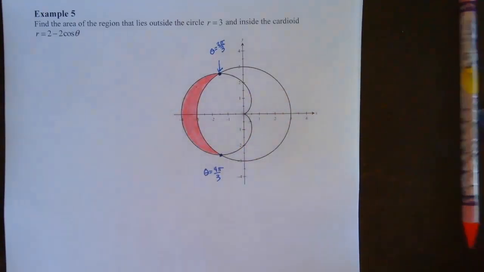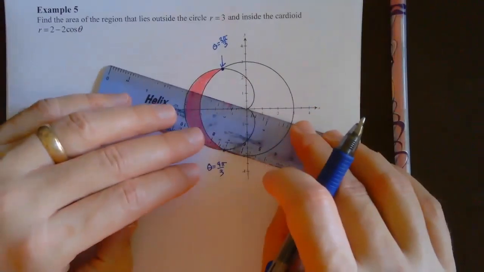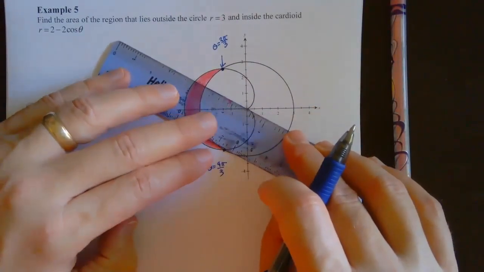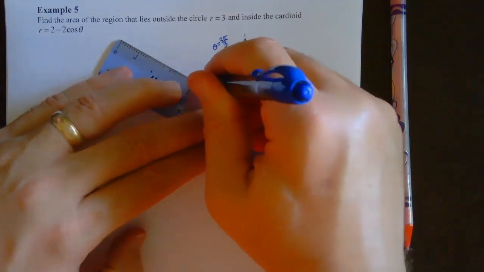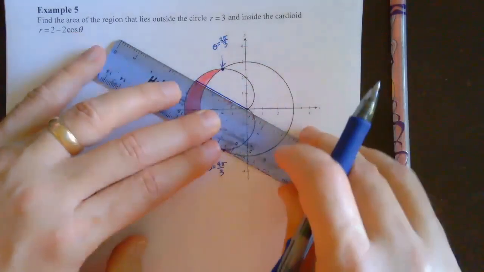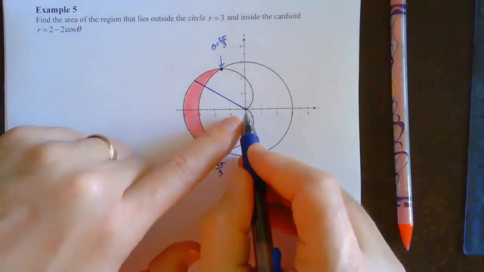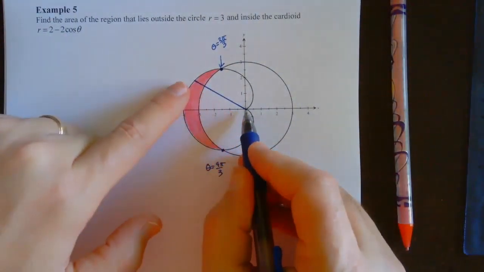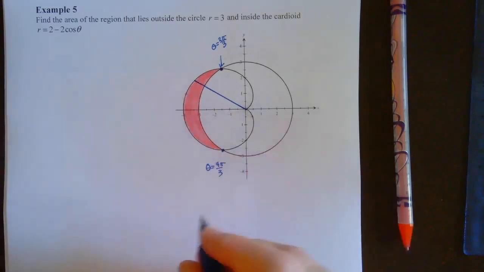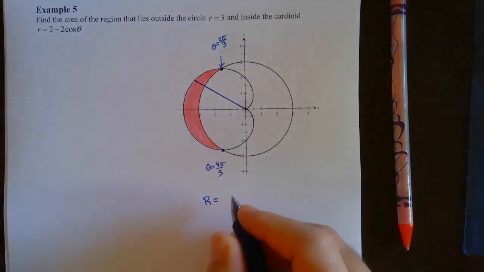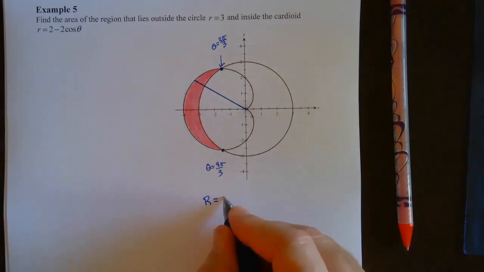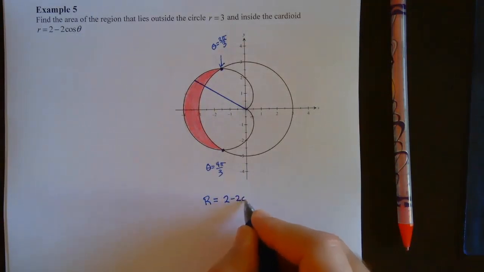So this time, the outer radius, I'm going to try to draw this. This is actually going to be a little bit easier to see. So that's the outer one, and that's going from the origin to the cardioid. So my big R this time is going to be equal to 2 minus 2 cosine theta, because that's my outer radius.